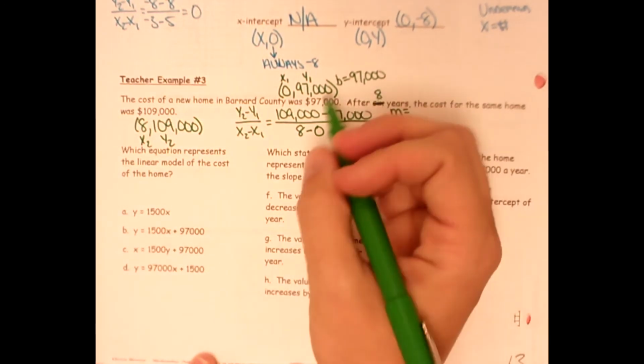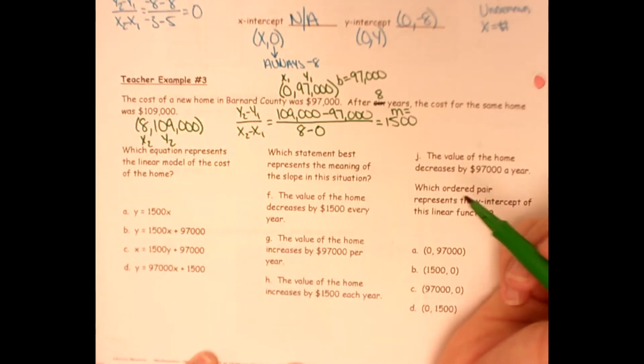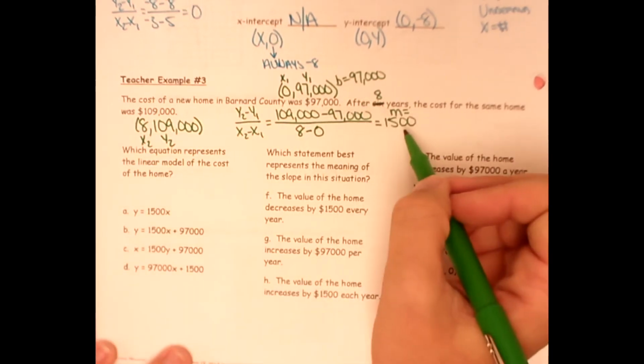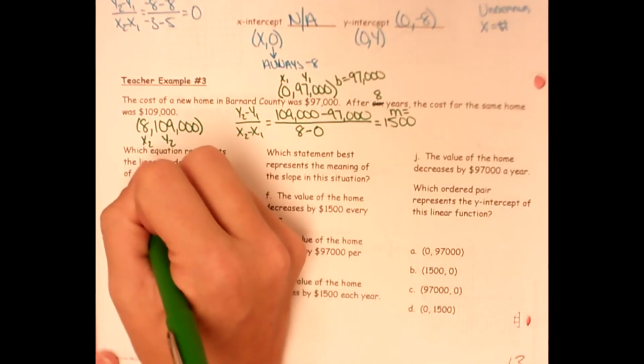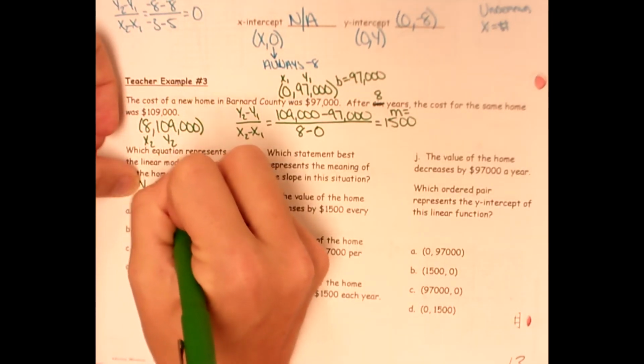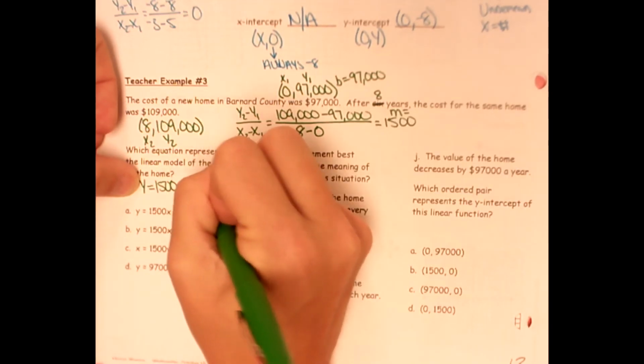So now that I have those two values, I don't have to do the point slope formula, okay? As long as you can recognize that this is your y-intercept. So my equation is going to be y equals m, which is 1,500, x plus b, which is $97,000.